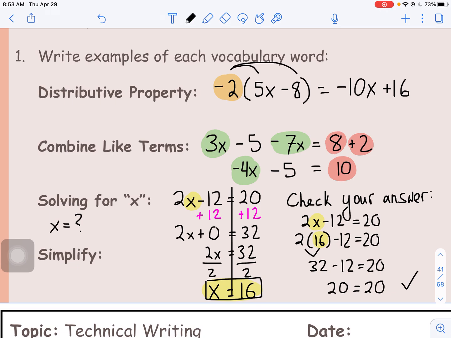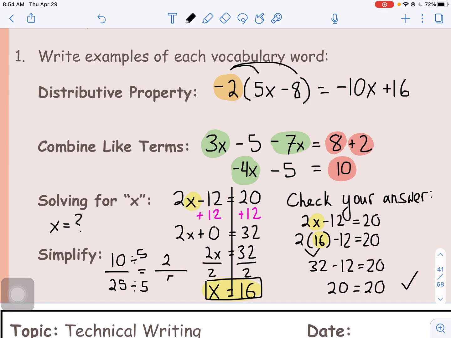The last thing is when we ask you to simplify something, we're asking you to distribute everything, combine any like terms that you have, or for a fraction, sometimes it means divide by the biggest number that can go into both the numerator and the denominator, which in this case is 5.